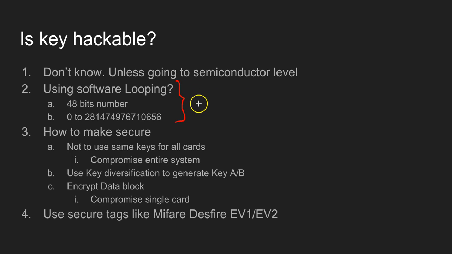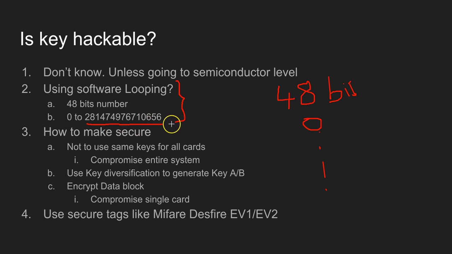It is feasible in a way that we know the value of the key is 48 bits. If you convert 48 bits to decimal, it's a number like this. So you might think as a developer you can keep authenticating, starting from the value of the key 0 and going up to the number of the key which is shown here.